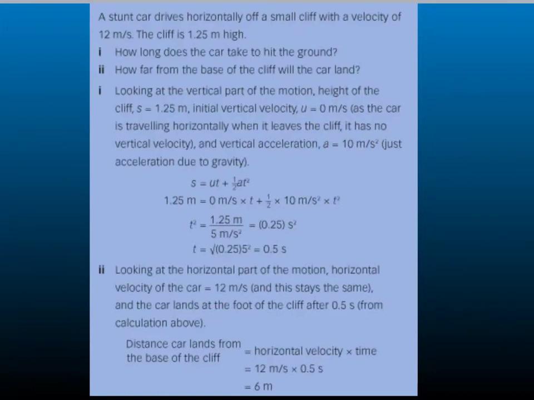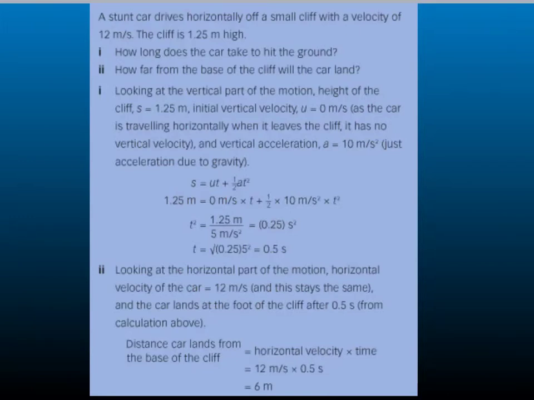So we have T, S, U and A. So the best equation for us to use will be S equals UT plus half AT squared. Now if we put our numbers in there and do a bit of rearranging, we get that T is 0.5 seconds.